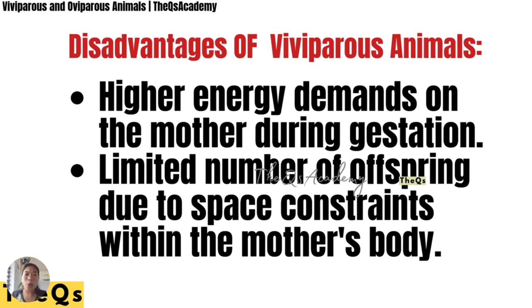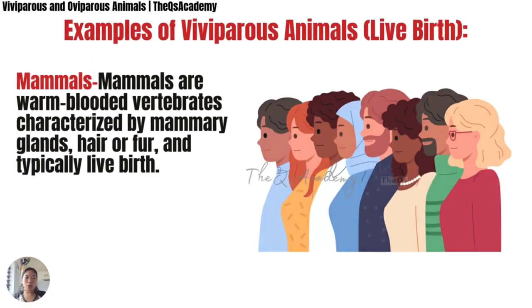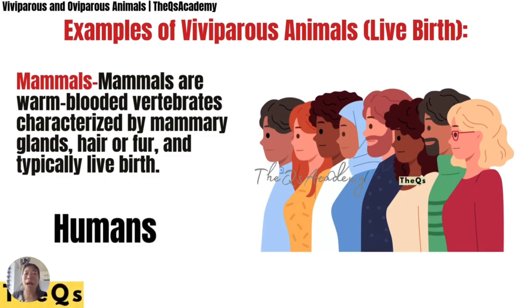So we have here examples of viviparous animals, live birth. Of course, the first one is mammals. Mammals are warm-blooded vertebrates characterized by mammary glands, hair or fur, and typically live birth. The first example is humans.